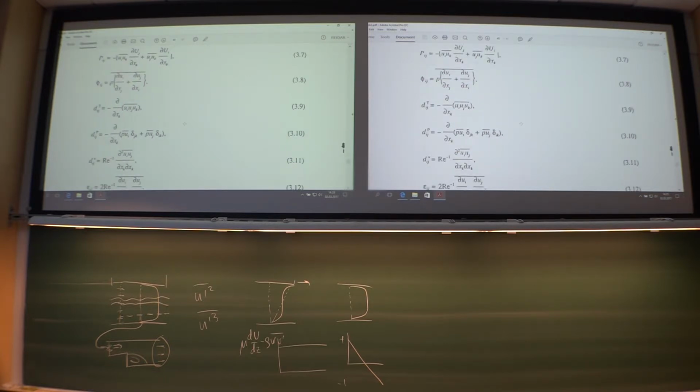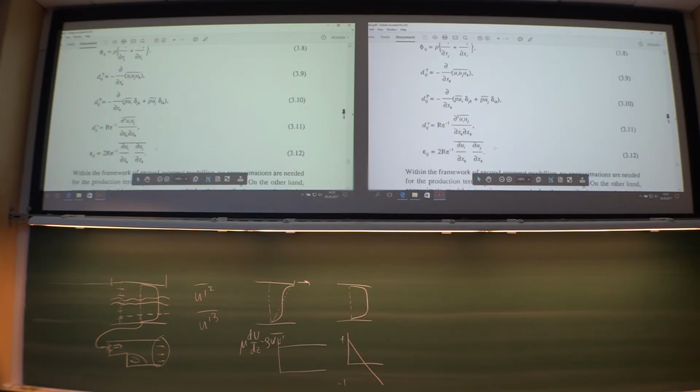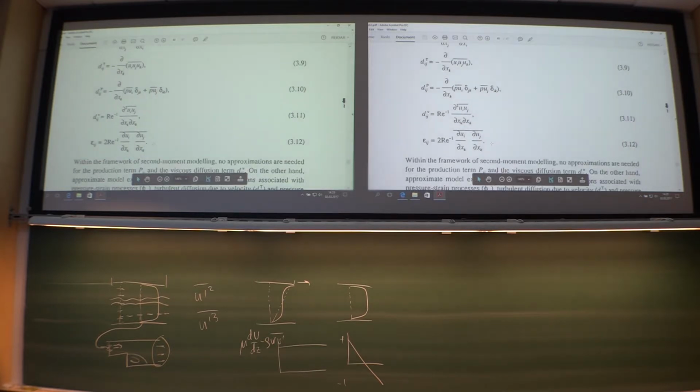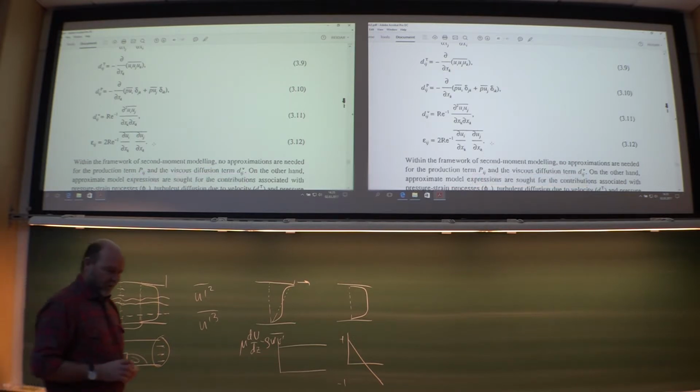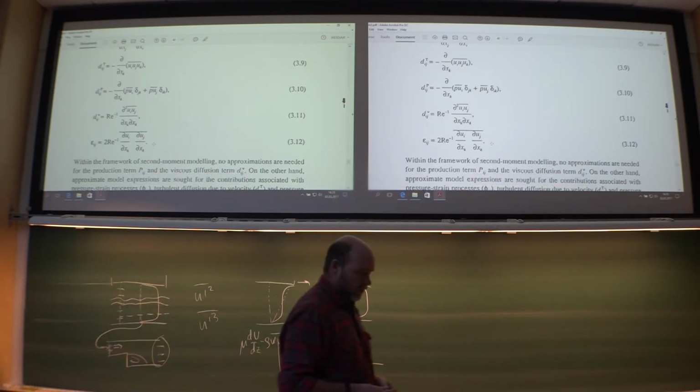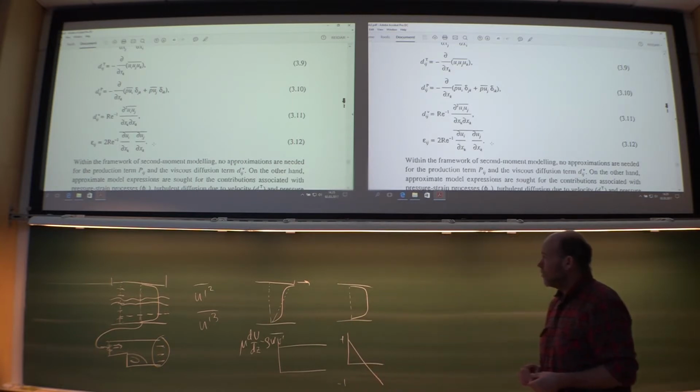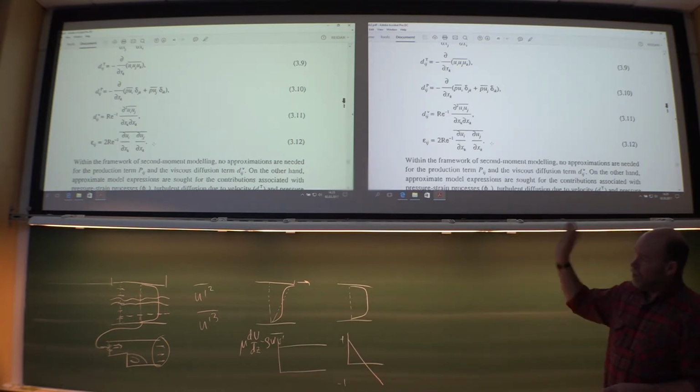Here the diffusion terms have been split into three parts. The triple correlations, and then some gradients with pressure and velocity, and finally a viscous term as well. And finally here the different dissipations. All of these have to be modeled, and for a turbulence modeler it can be very hard to get this one correct. But with the DNS, no problem, we have everything.